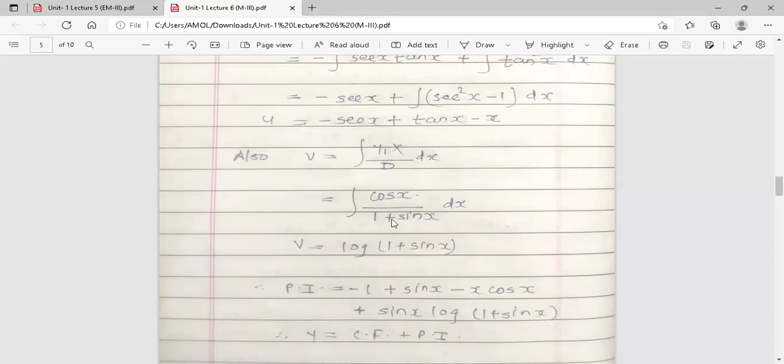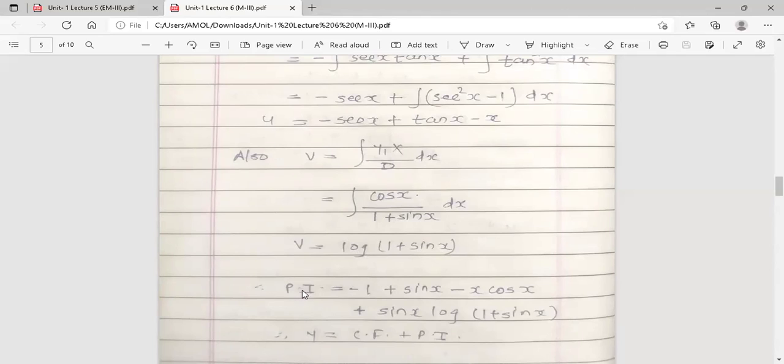The denominator term is 1 plus sin x and the derivative of the denominator term, derivative of 1 is 0, derivative of sine function is cos x. So the derivative of the denominator term is adjusted in the numerator. So integration of the term cos x upon 1 plus sin x is equal to log of 1 plus sin x. This is the integration.